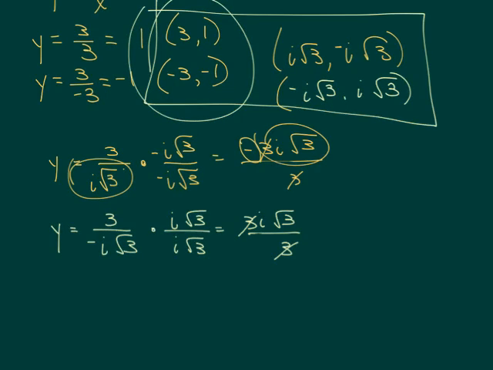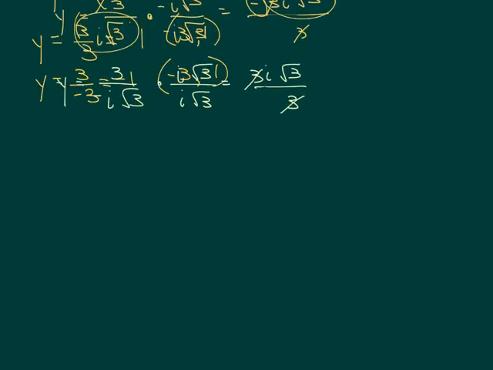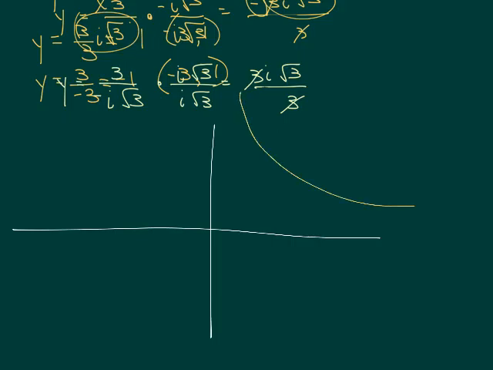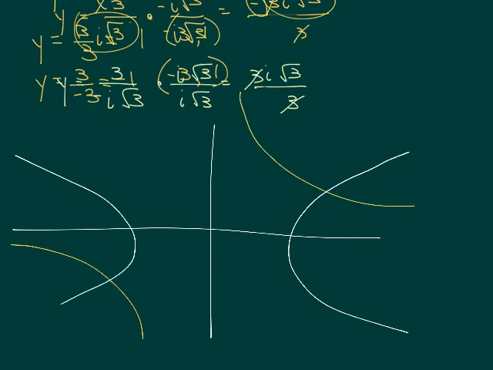And if I were to graph this, it would look like this. There's my xy equals 3 right there. And here is my x squared minus 3y squared equals 6. We'll do that in white. Looks something like that and something like that.